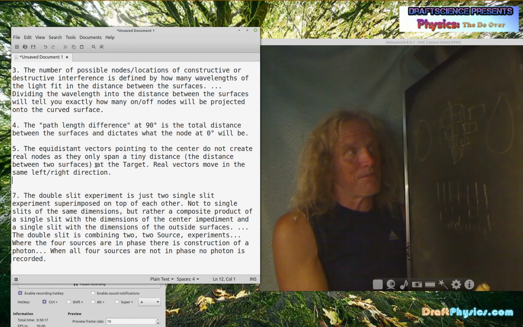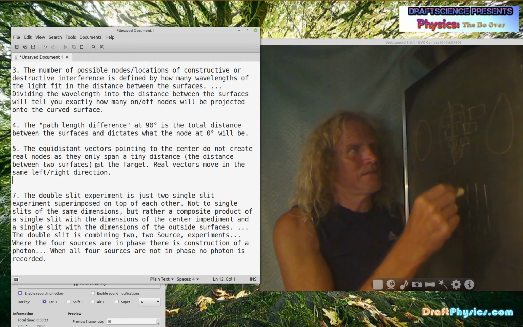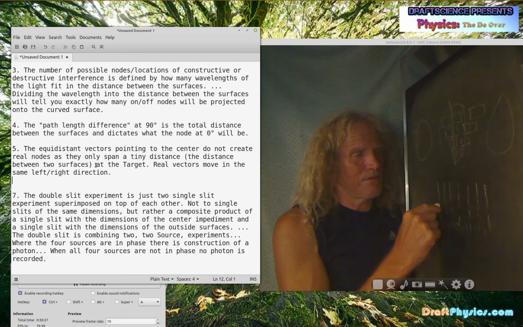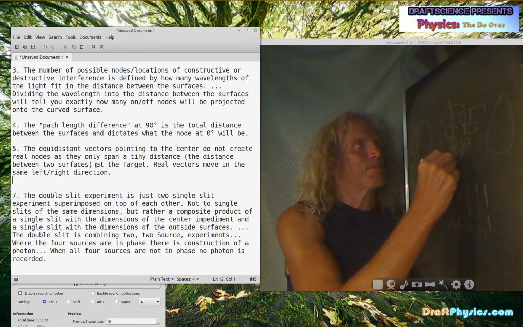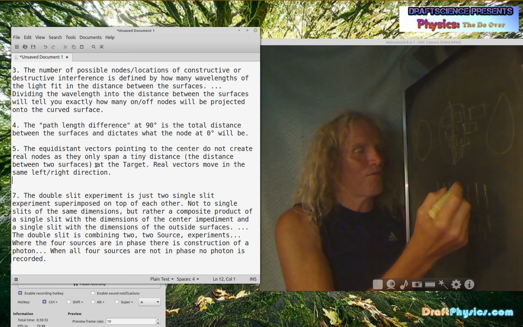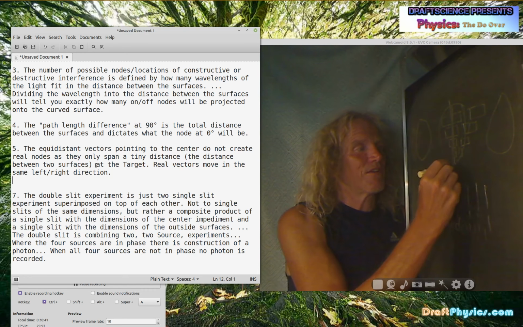It could be described as one, it could be modeled as one. And so that's why this works for the single slit, the double slit, the triple slit. Doesn't matter how many slits you have, the concept of them all having to be in alignment, they all four sources, so to speak, in the double slit, the four sources having to be in phase for you to get a very bright.